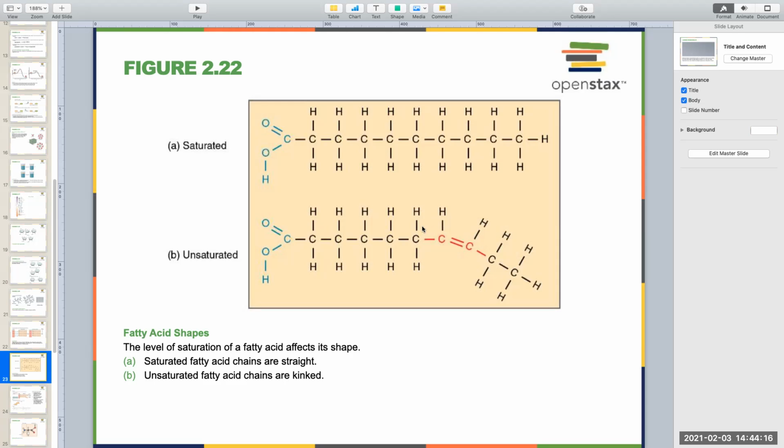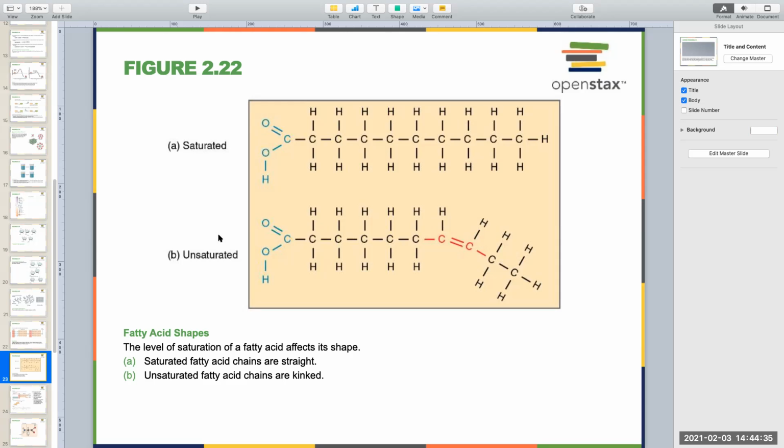The different types of oils that we use to cook are better than, let's say, lard or animal fat, because at room temperature, saturated fat is solid. Think about lard, it's a hard rock. Unsaturated fats are liquid at room temperature.